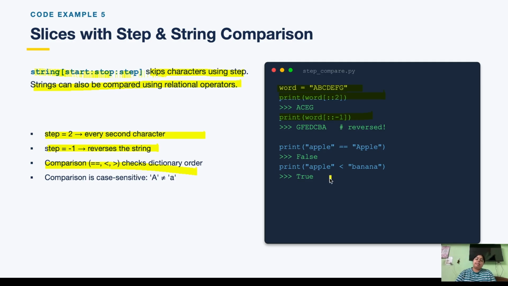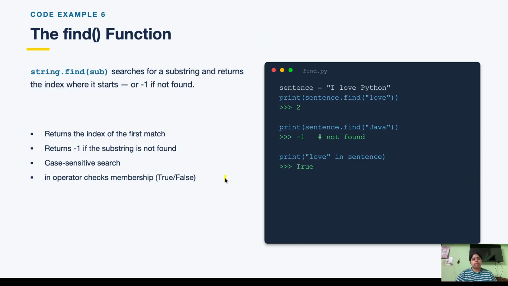Python is a case sensitive language. If you put it in this way, that will give you a false statement, and if this one, it will give you a true statement. And why will it give you a true statement? It will compare both of them in the form of length. As I told you, it is case sensitive, so keep this in mind.